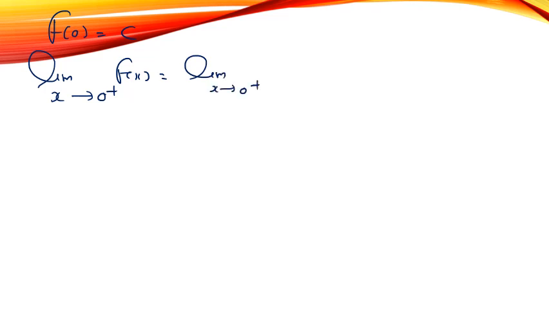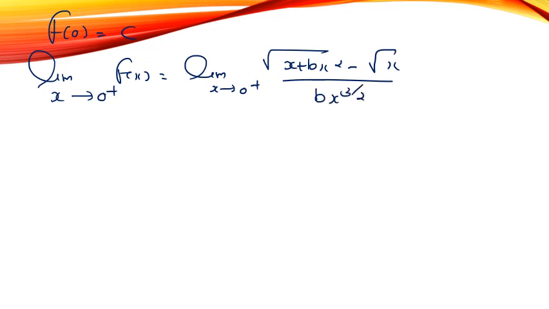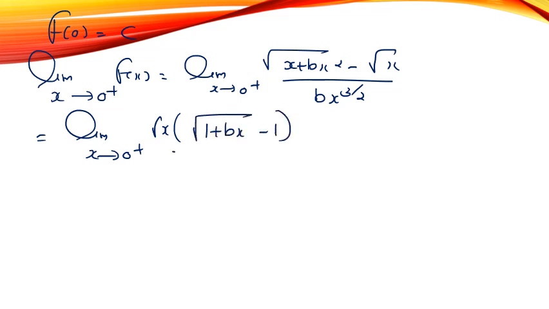Root of x plus bx squared minus root x by bx raised to 3 by 2. So this we can write as limit x tends to 0 plus. Let us take root x outside. Taking root x outside, we get root x into root of 1 plus bx minus 1 by bx raised to 3 by 2.